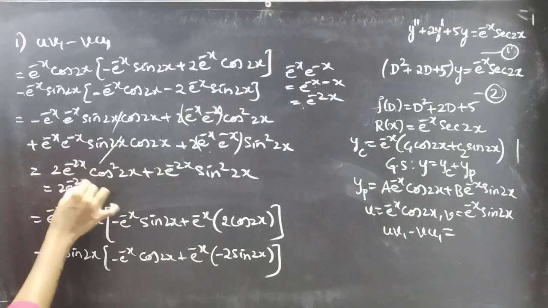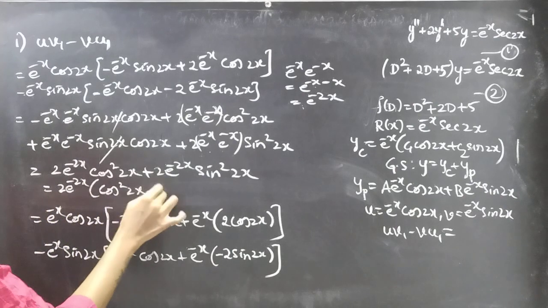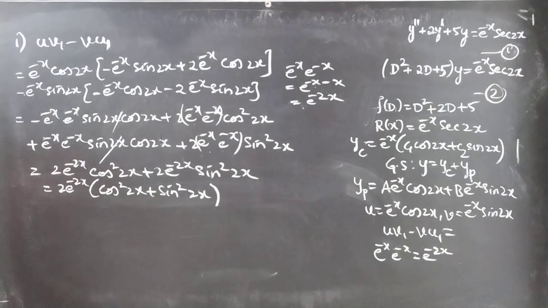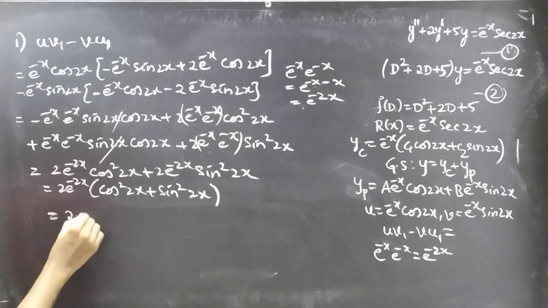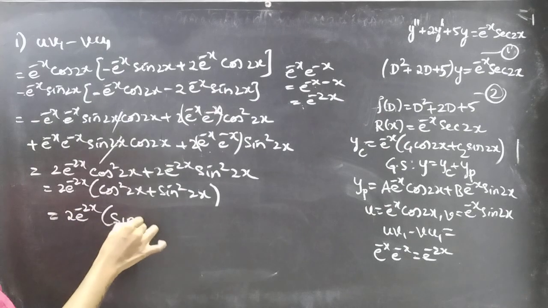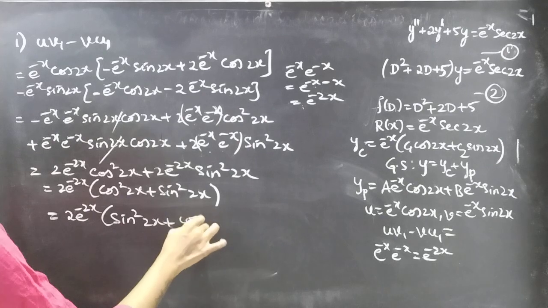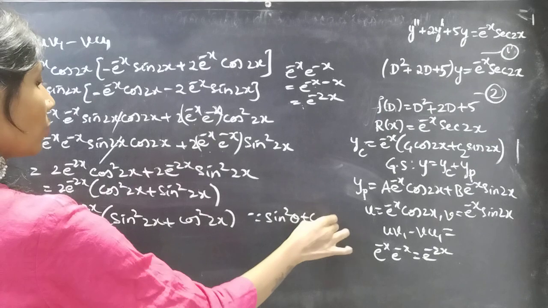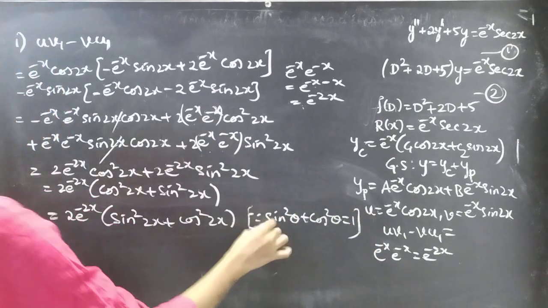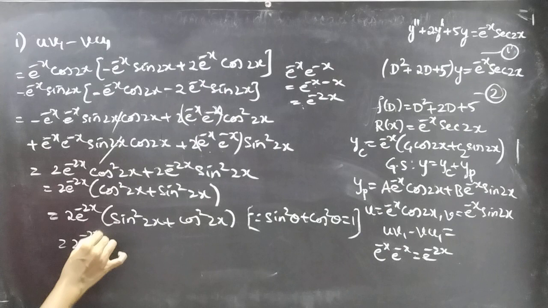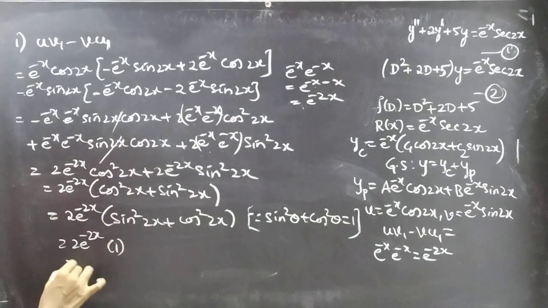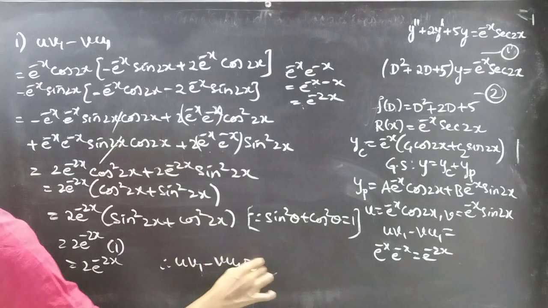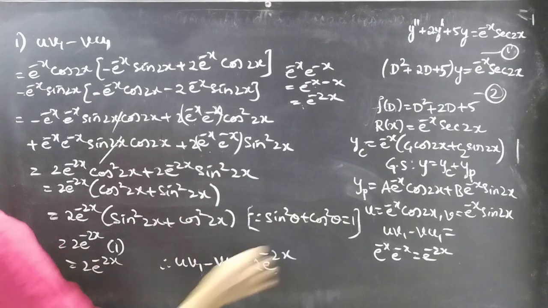We'll get 2 e power minus 2x of cos square 2x plus sin square 2x, or you can write this as sin square 2x plus cos square 2x. Since sin square theta plus cos square theta equals 1, we'll get 2 e power minus 2x into 1, which equals 2 e power minus 2x. Therefore, u v1 minus v1 u equals 2 e power minus 2x.